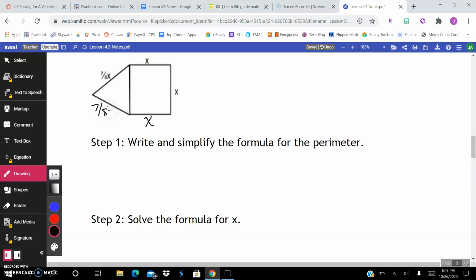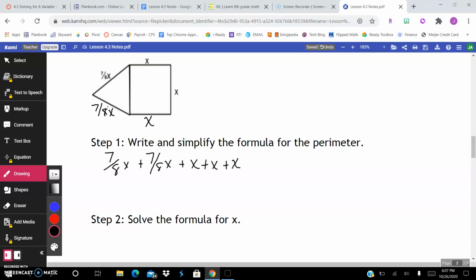So that means that this side is going to be 7/8 X as well. So for perimeter, we are going to have 7/8 X plus 7/8 X plus X plus X plus X.